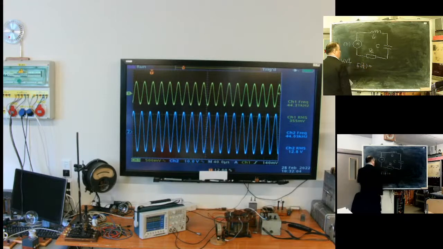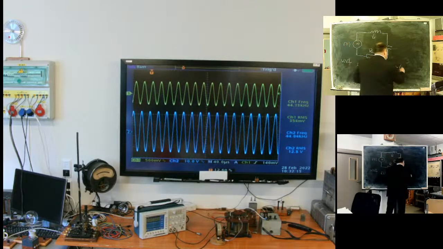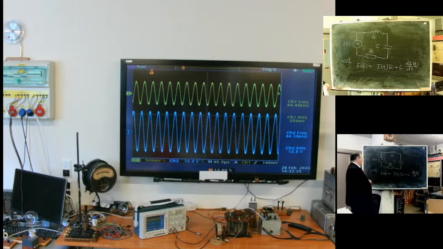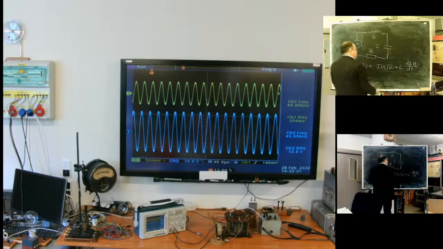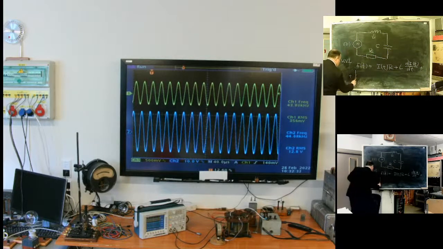E is equal to current multiplied by resistance, plus the first derivative of current multiplied by inductance, plus the sum of all charges, one over capacitance.